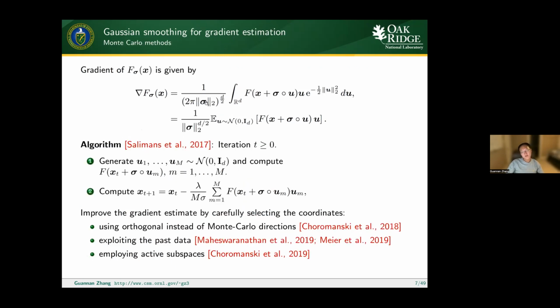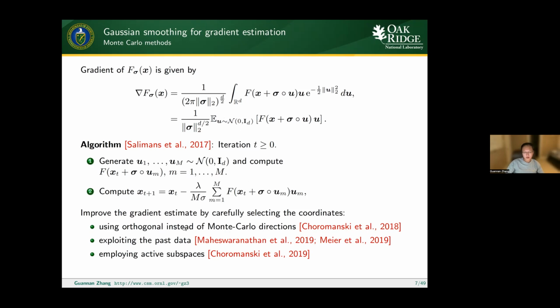Now, if you can use multiple samples, you can use a Monte Carlo estimator to approximate this high-dimensional expectation. There is a lot of work to improve Monte Carlo sampling, by doing orthogonal sampling or using the history to build a subspace and only sampling within that subspace, and so on.